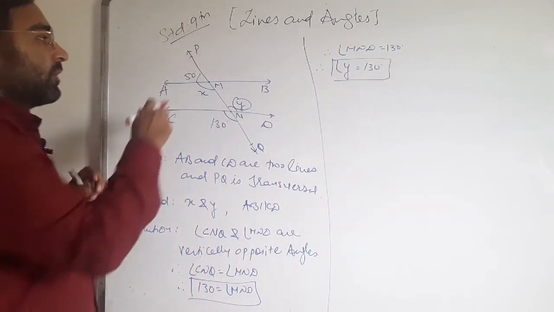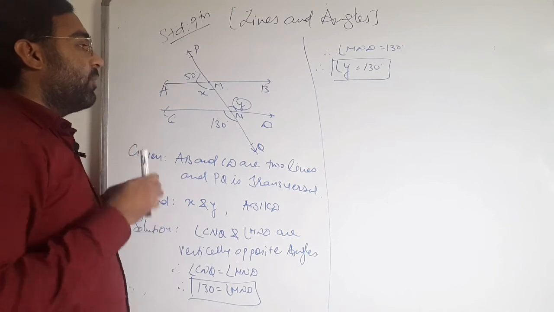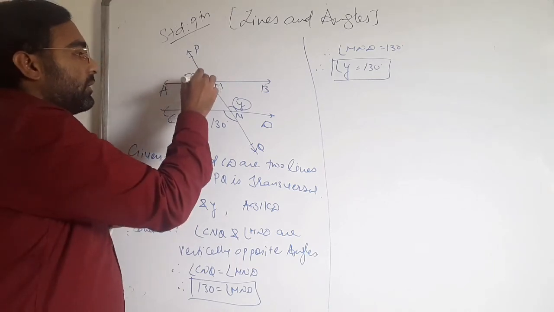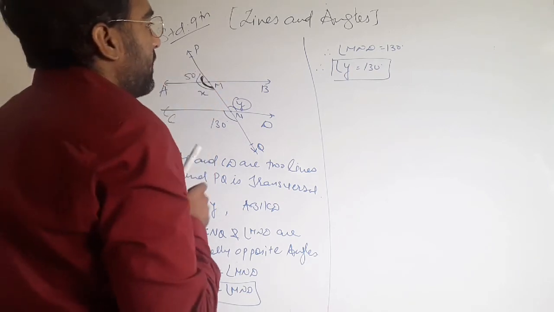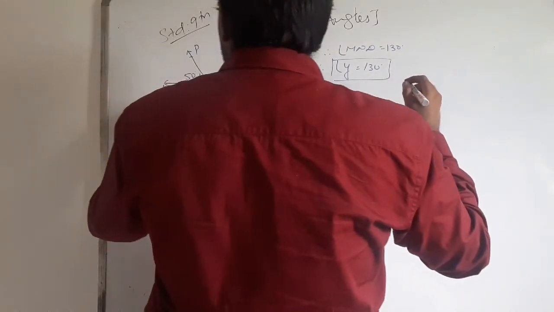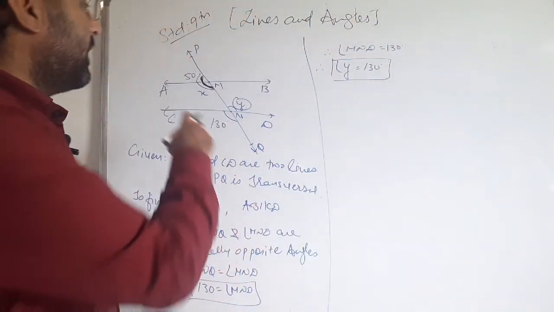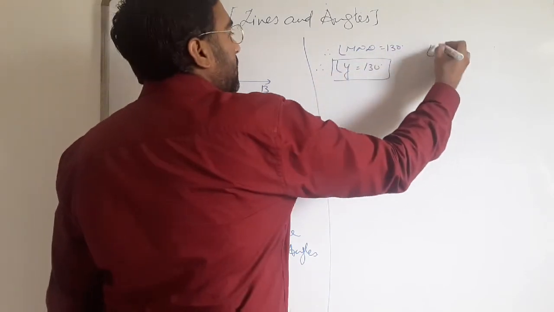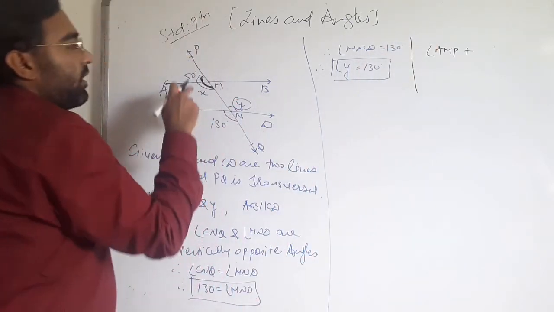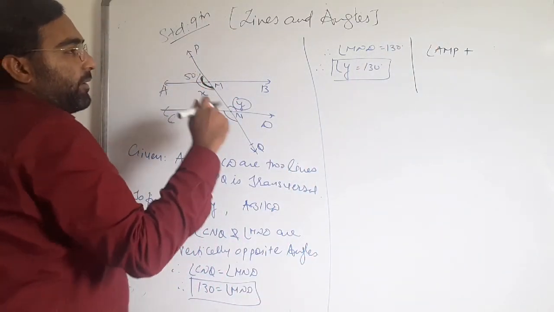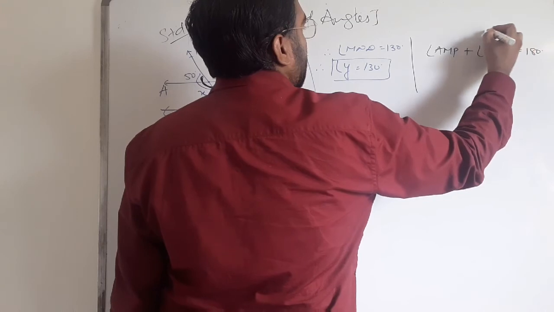Okay, now here PQ is a straight line, and a linear pair is also formed at this point. Okay, this is the linear pair of angles. You can see that. So that's why we have to write angle AMP plus angle AMN is equal to 180 degrees, linear pair.